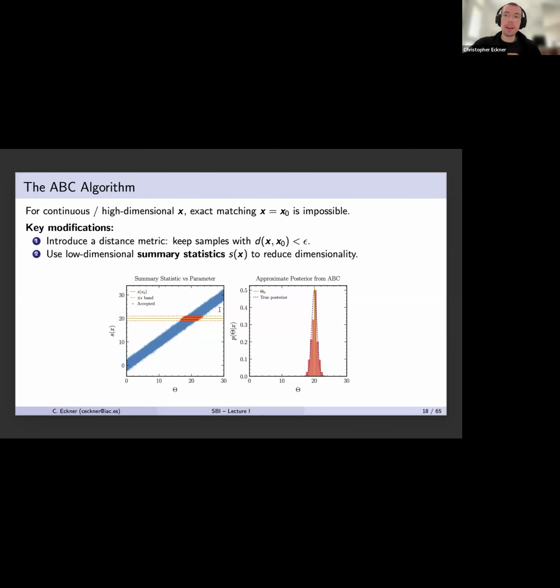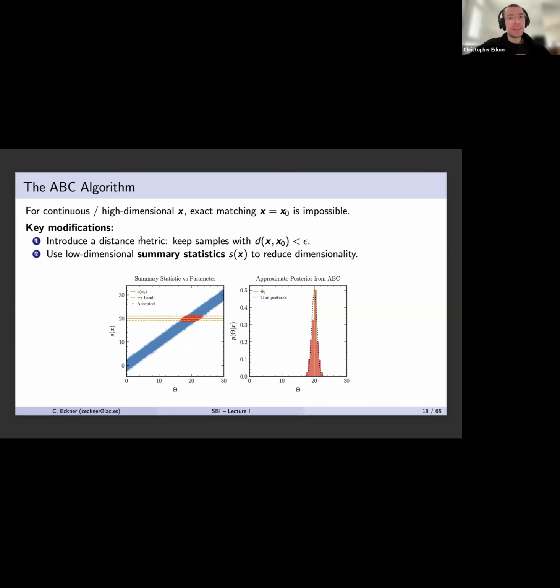Now, what you do in this approximate Bayesian computation is exactly this. You have a certain target observation x0, which gives you a certain value for your summary statistic. So you go into this plot and draw a horizontal line where the observation lies. Because it might be very hard to populate points exactly at that observation, you have to take samples within a certain distance around it.